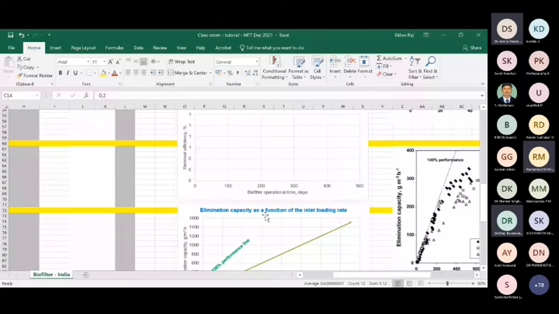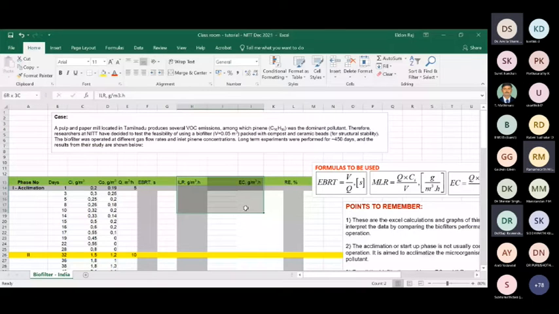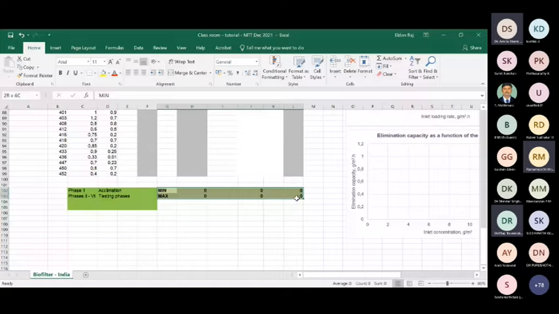You estimate the elimination capacity and plot it as a function of the inlet loading rate, which means you plot the EC value as a function of the inlet loading rate. And that's all. Then I would ask you to estimate the minimum and maximum values for phase 1, because phase 1 is called the startup phase.